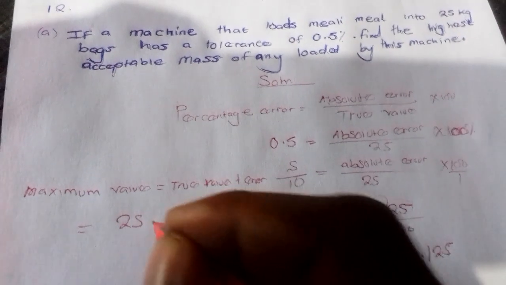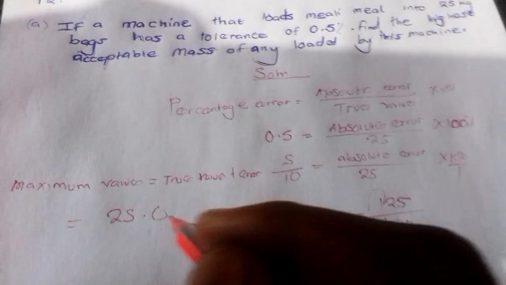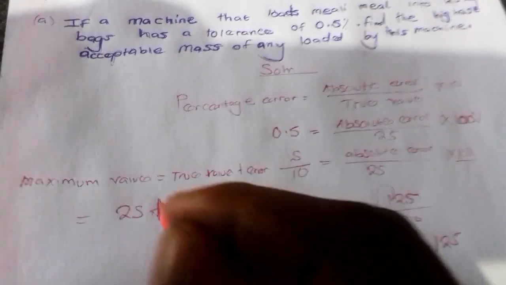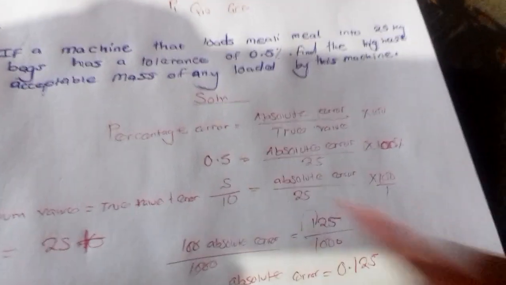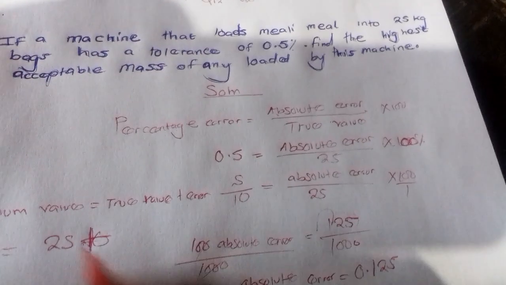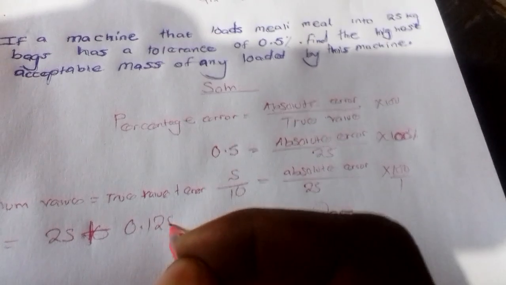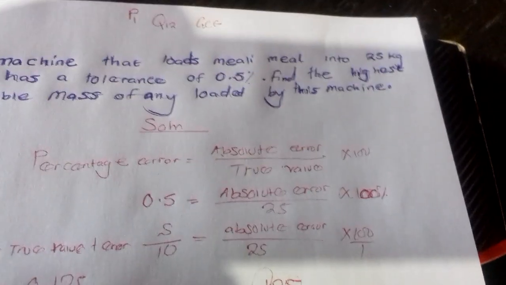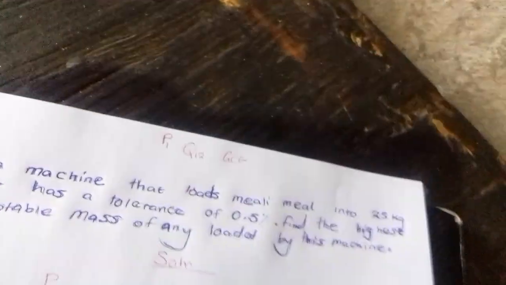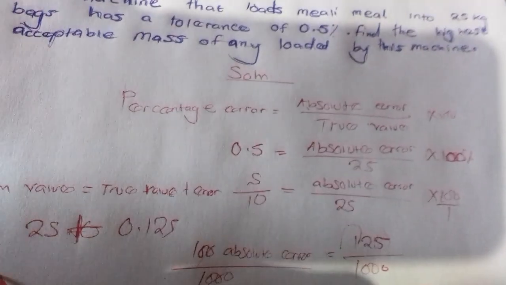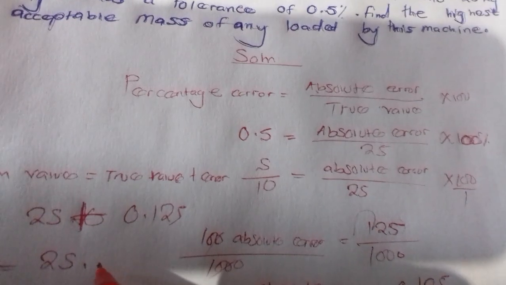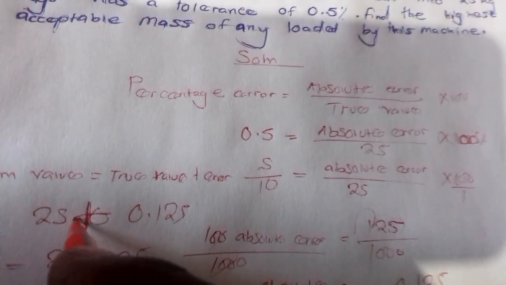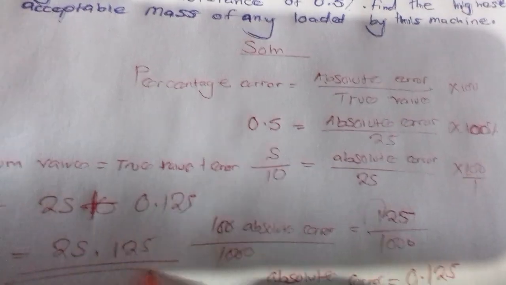So we say 25 plus our absolute error, which is 0.125. So it will be just 25.125. We just put a point here, so that will be the highest value.